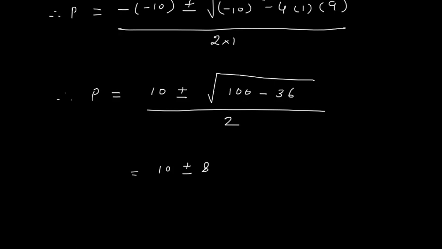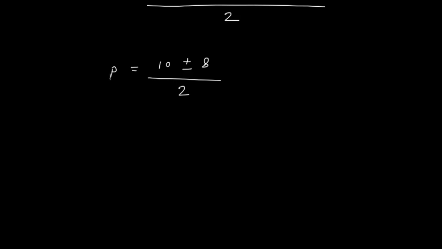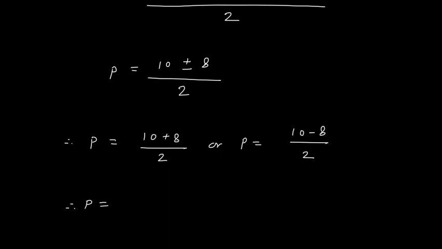So therefore p is equals to 10 plus 8 divided by 2, or p is equals to 10 minus 8 divided by 2. So p is 18 divided by 2 which is 9, or p is 10 minus 8 is 2, 2 upon 2 is 1. So the value of p is 9, or the value of p is 1.